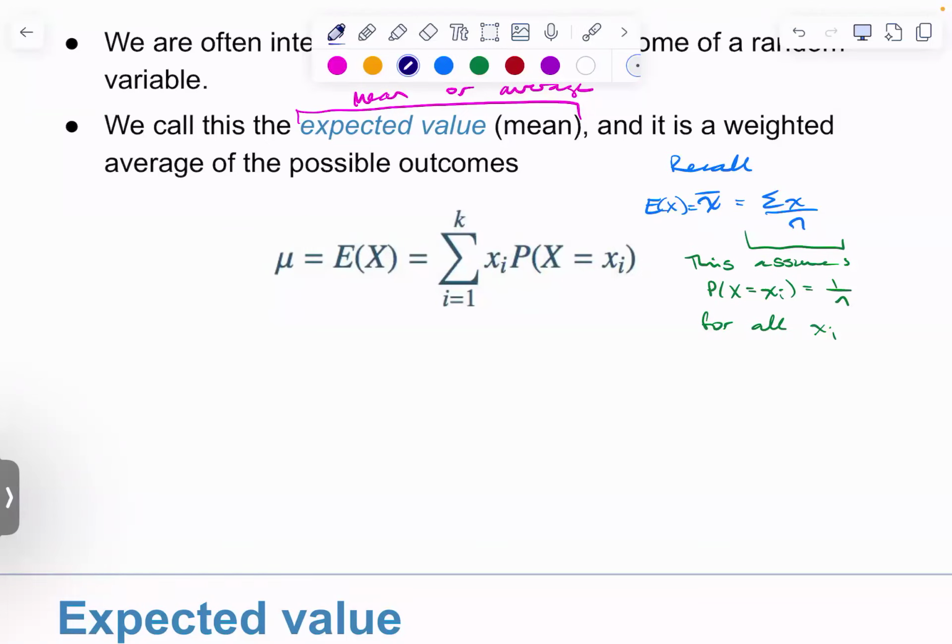What does this look like? Let's do an example of some x's here: 4, 7, 11, and 10.